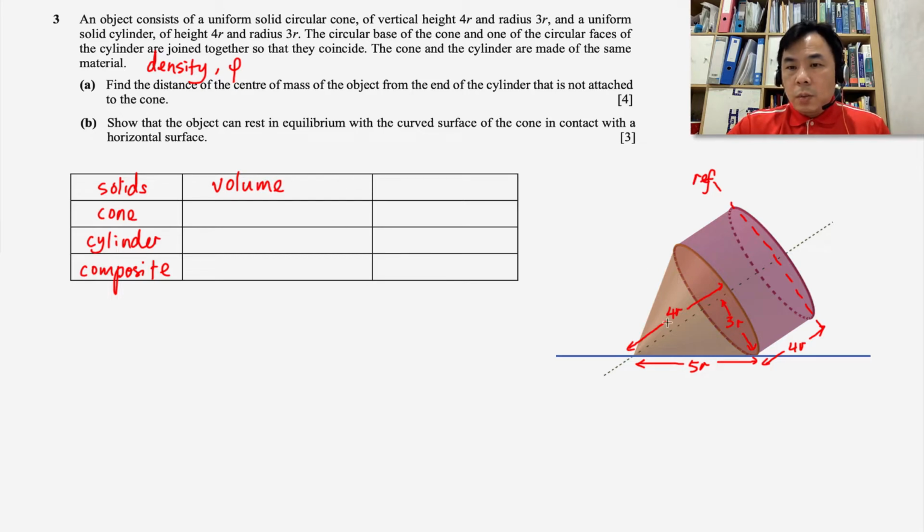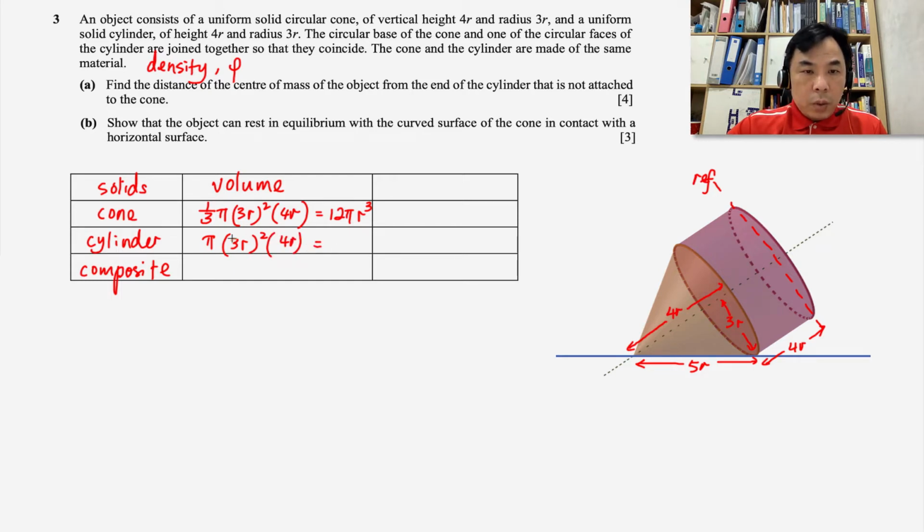Now the volume of a cone is 1/3 pi r squared h. The r is 3r, squared, and then multiply by the height, which is 4r here. And that can be simplified to, if you work that out, 12 pi r cubed. All right. And then for the cylinder, it's quite easy. It's just pi (3r) squared multiplied by the height, which is 4r here.